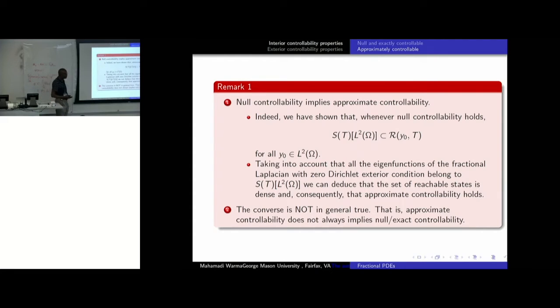Then null or exact controllability always imply approximate controllability, but clearly approximate controllability does not always imply null or exact controllability. Because if you call this the image of the semigroup at L2 at time t, that is dense in L2. Then since it's included here, you can always say that the set of reachable states is dense.